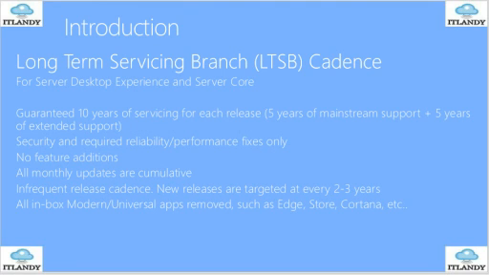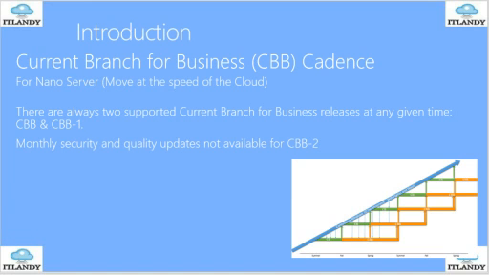Let's have a look at the current branch. With current branch for business, they are meant only for Nano, and the reason why Microsoft introduced it is due to the speed of the process to move to the cloud. It's all about cloud nowadays, being able to migrate, to utilize all the resources, having an elastic or agile OS.